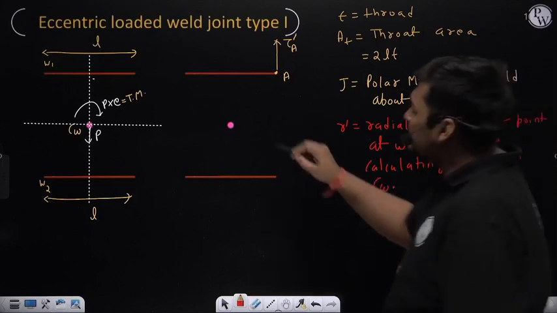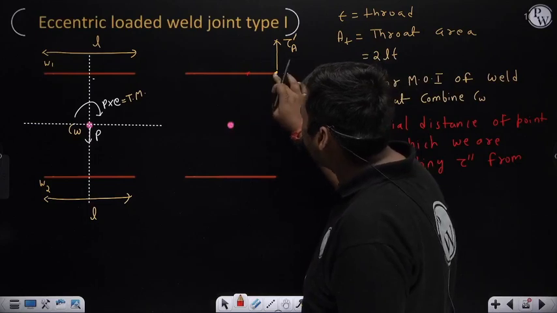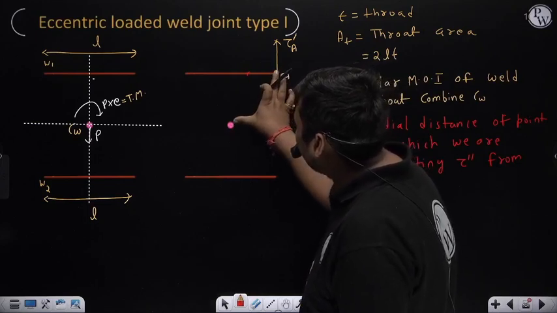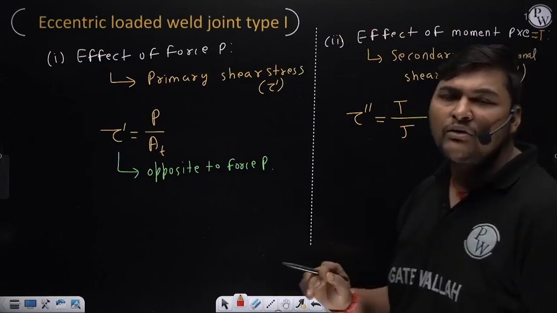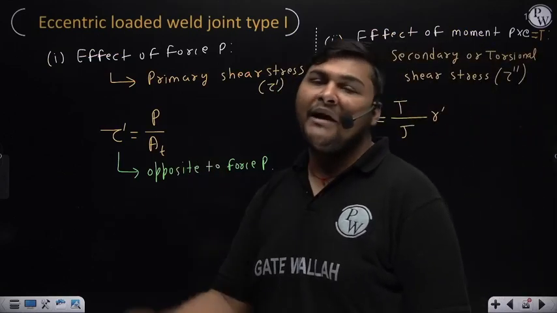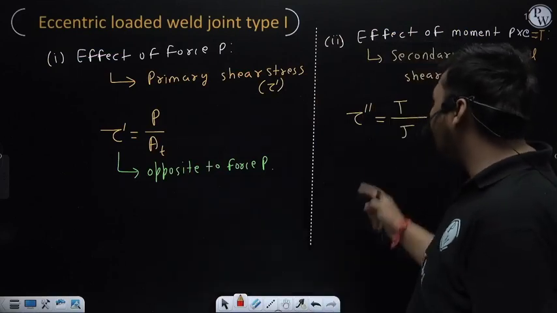If you are calculating stress at this location, you need to find this distance. If you are calculating stress at point A, you need to find this distance. Means small r is radial distance of point at which we are calculating secondary shear stress from combined centroid of the weld. So it is the formula, and it will change with r.